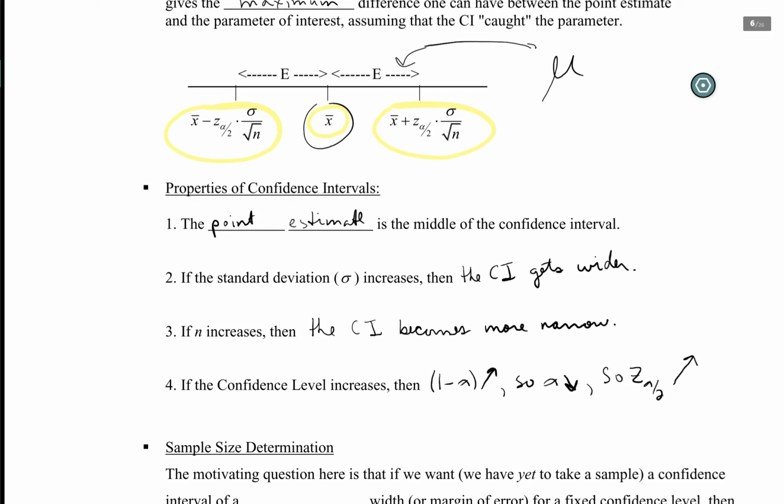So overall, if the confidence level increases, then the CI gets wider. All right, so those are some properties of intervals. There are trade-offs between the sample size and the width of the interval, and also between the confidence level and the width of the interval. So be aware of those.